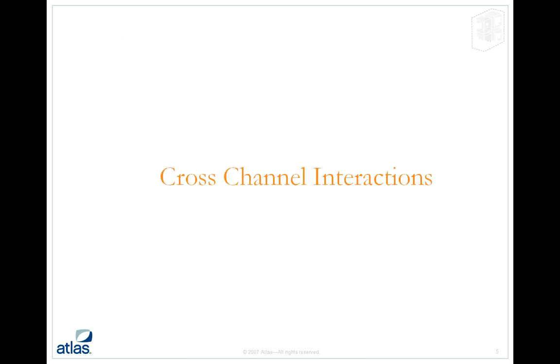So the first piece is this analysis called cross-channel interactions. And just to tell you what's going on there, imagine somebody types into a search bar, say, Nike basketball shoes. They type that in, and then they click on a paid Nike link, go to Nike's webpage, and buy a pair of shoes.